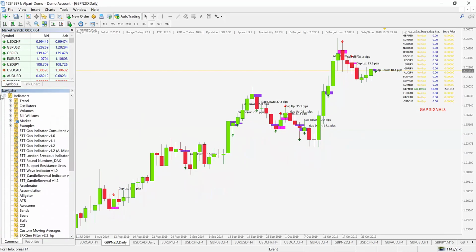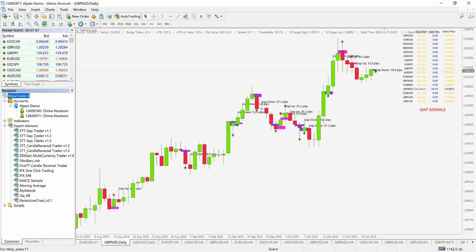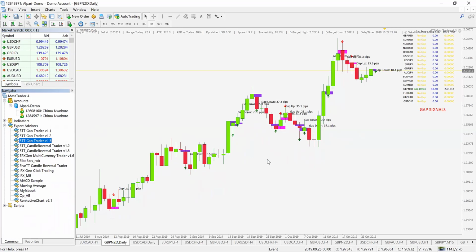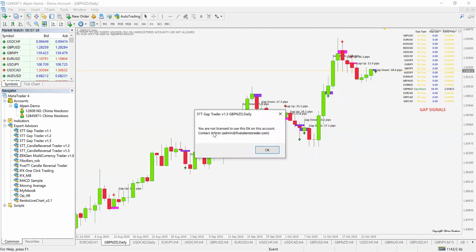So let me put the EA, the gap trader, on. Input normal, entry now. Let's see whether we'll get a trade. Oh, it says this EA is not licensed to be used on this account. Oh yes, I didn't license it.